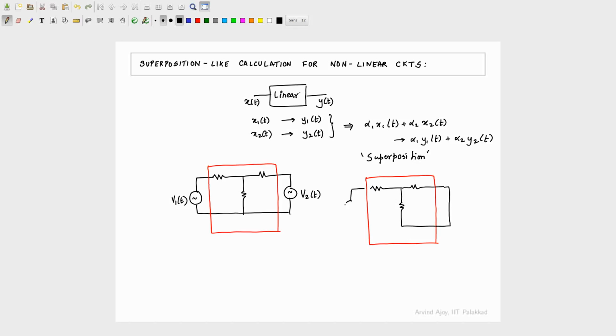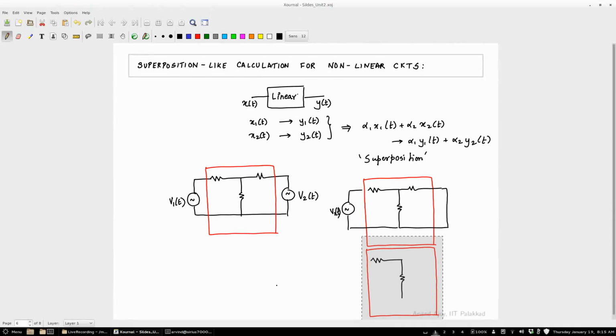you know that to analyze this circuit, break it up into 2 situations. In one situation I can just short the output, so I can kill V2 of t, I have only V1 of t.